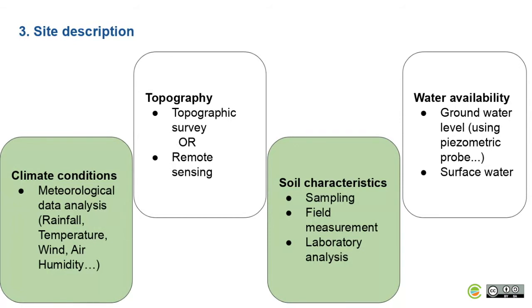And the topographic studies can be done if the country where the project will be implemented has enough means. It can directly be done by remote sensing, and if it's not the case, it can also be done manually by topographic survey.